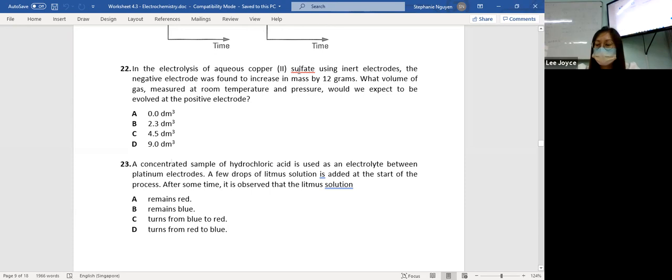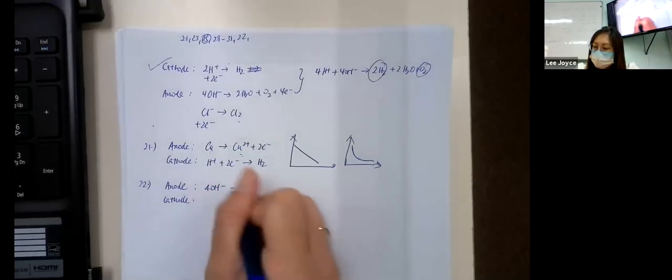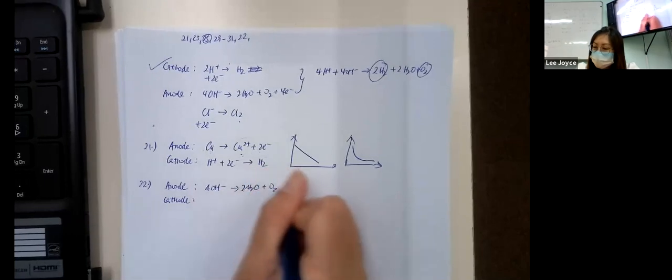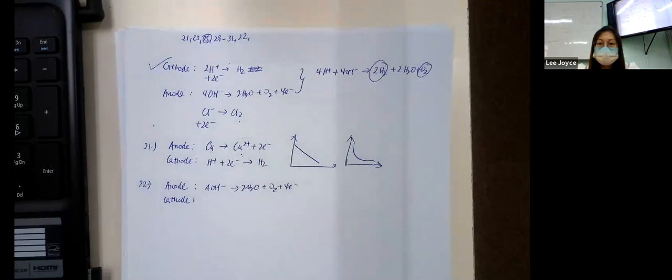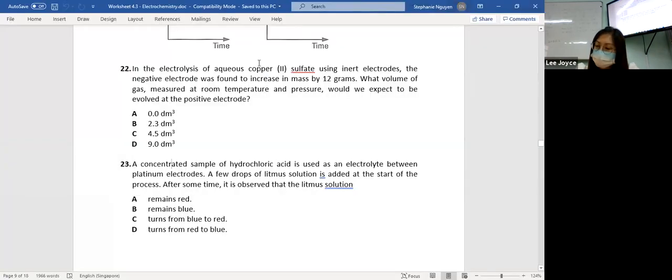So that is OH minus. Okay, and at the cathode we will have the Cu2 plus ion to be discharged because of the copper sulfate. Right, so it's Cu2 plus undergoing the reduction to form the copper metal.